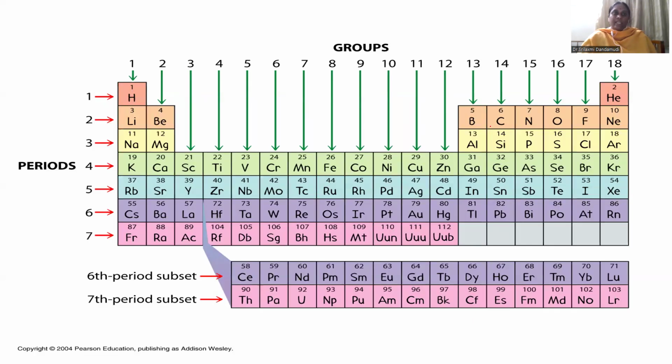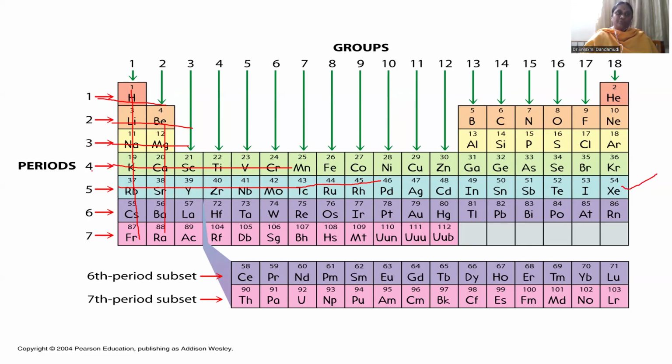It contains 18 groups, 7 periods. Horizontal rows are called periods. Vertical columns are called groups. Okay, so in total we have 18 groups and 7 periods.